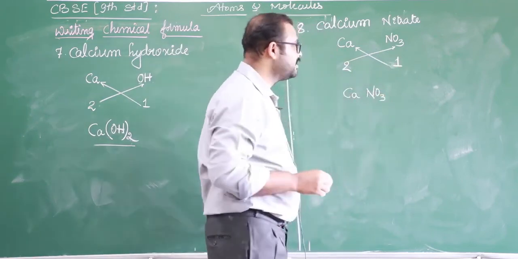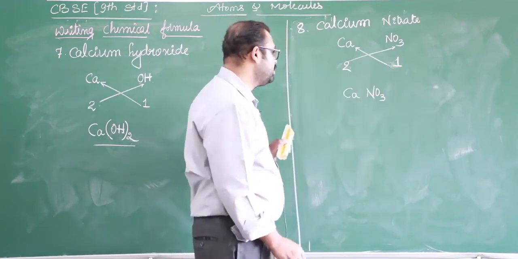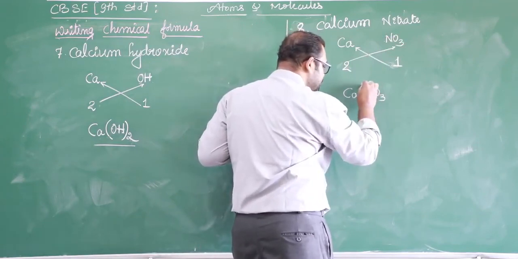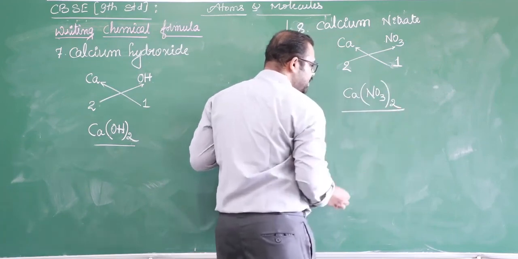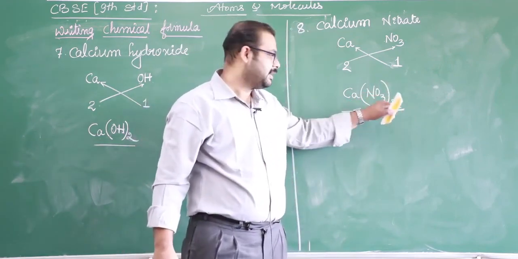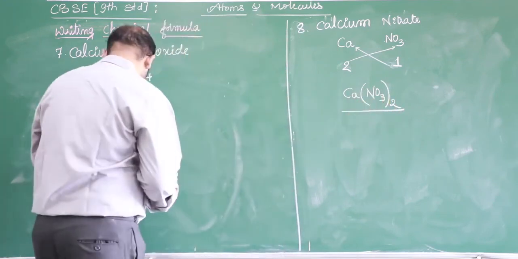So the valence of calcium is 2, nitrate is 1. Then these two belong to both elements. So in this case we put a bracket and write 2 and pronounce it as Ca(NO3) twice, calcium nitrate. So this is another example.